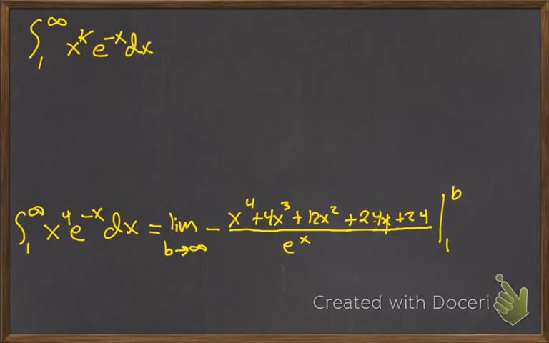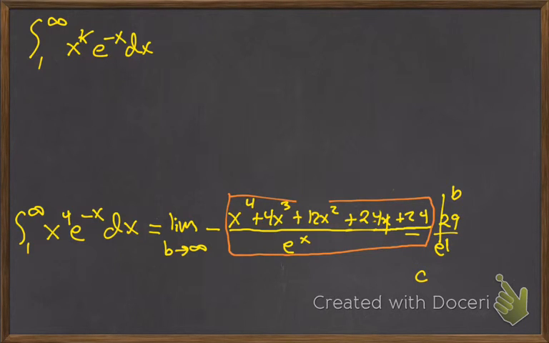Now this right here is going to be indeterminate form. It's going to be infinity over infinity, and so what we have to do is apply L'Hopital's rule 4 times. So we've got a finite application of L'Hopital's rule, and that's okay. And so what that limit's going to be is not 29 over e, it's going to be a little bit bigger than that.